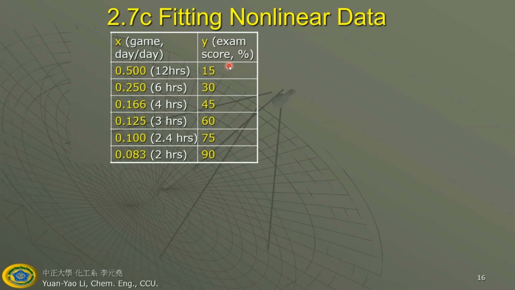This is the final score you can get for this course. Okay, let's assume something like this. So for example, if you spend 12 hours within 24 hours, that means you spend half a day playing games. I'm sure the final score of this course will be very, very low. Let's say 15. Of course, you fail. I'll see you next year, or next year, or next year, right?